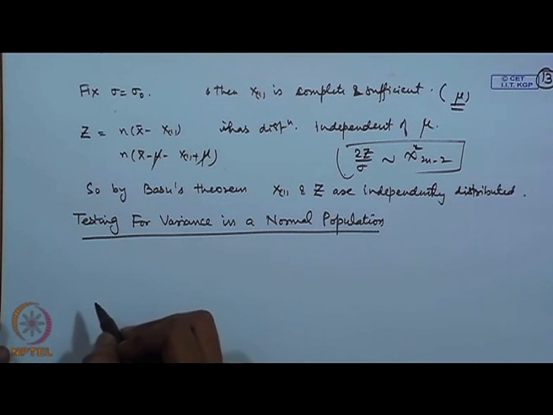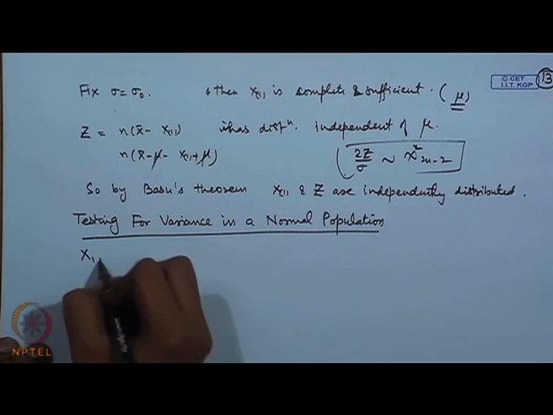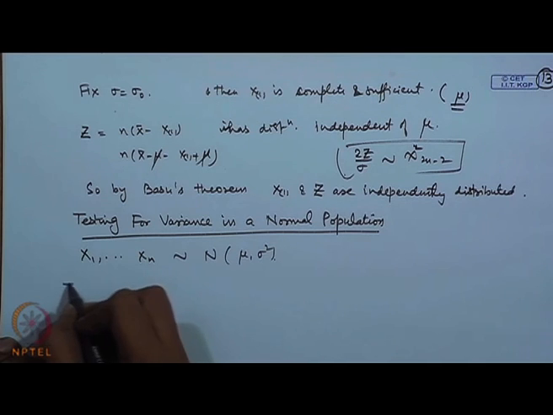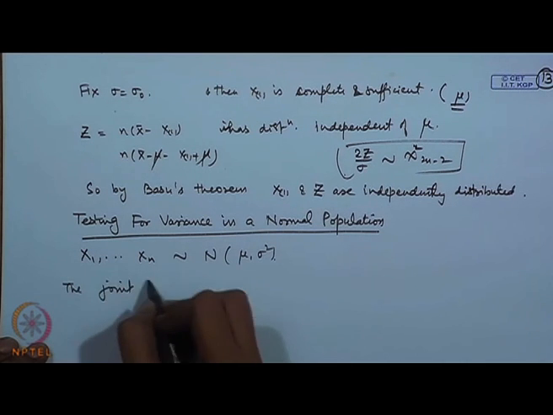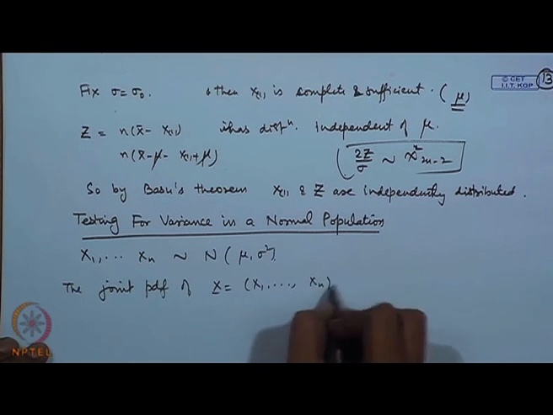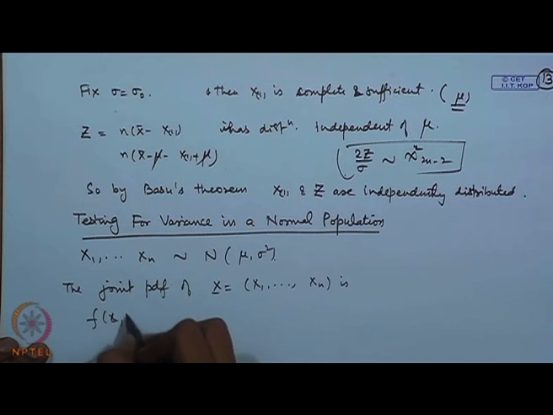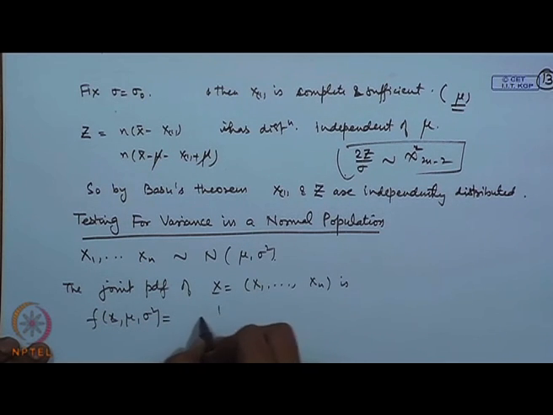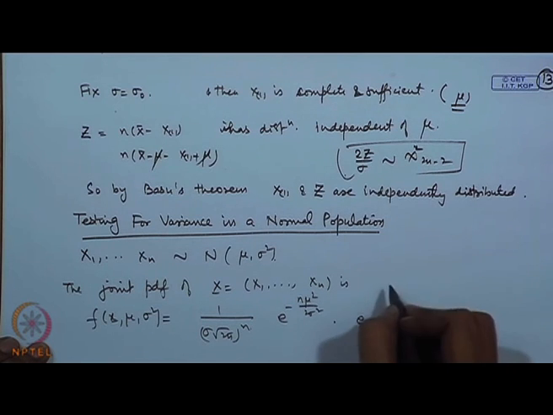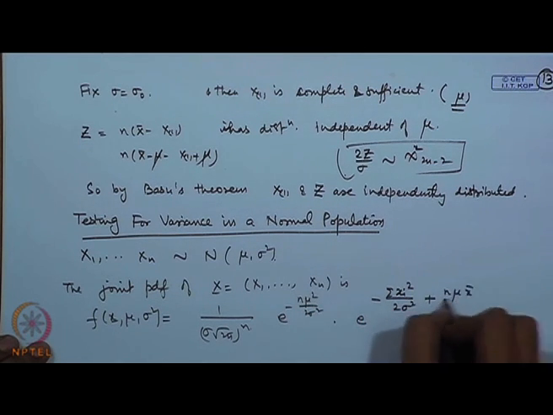So, if I am writing down the density function of x1, x2, ..., xn, f(x; mu, sigma square) is equal to (1 by sigma root 2 pi) to the power n, e to the power minus n mu square by 2 sigma square, e to the power minus sigma x_i square by 2 sigma square plus n mu x bar by sigma square.